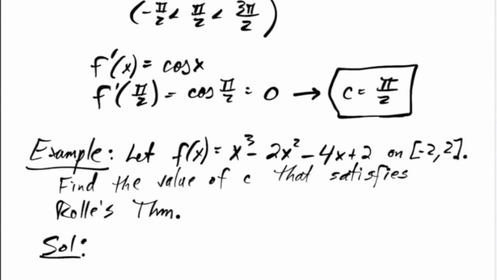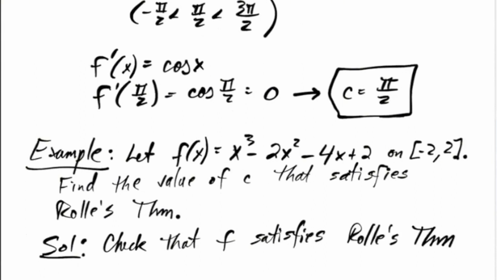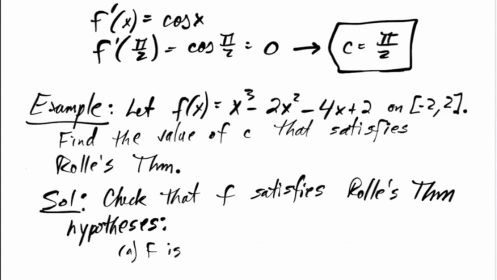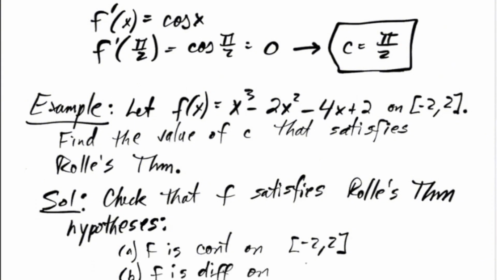First of all, I have to check that f satisfies Rolle's theorem's hypotheses, which are, again: f is continuous on -2 to 2, f is differentiable on the open interval from -2 to 2, and f of -2 equals f of 2.